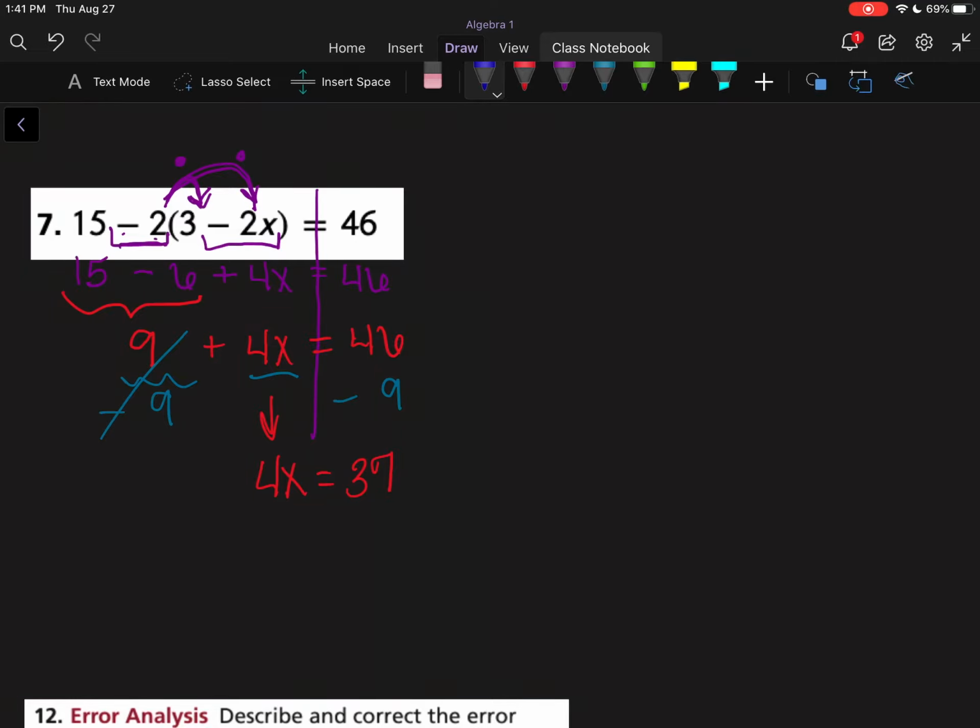And now I'm ready to use division on both sides to find out that x actually equals 9.25. That decimal is okay. Totally okay. Again, we're using our opposite operations.